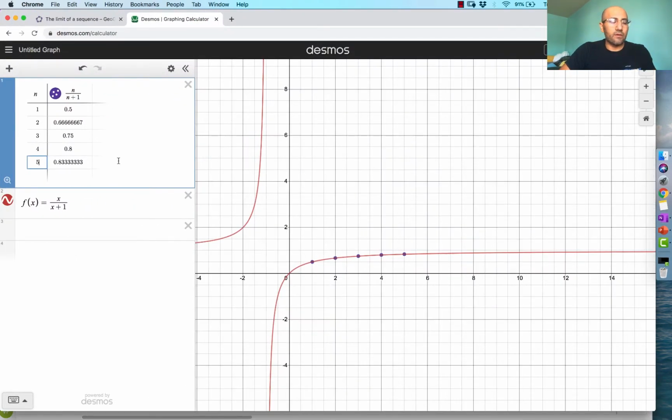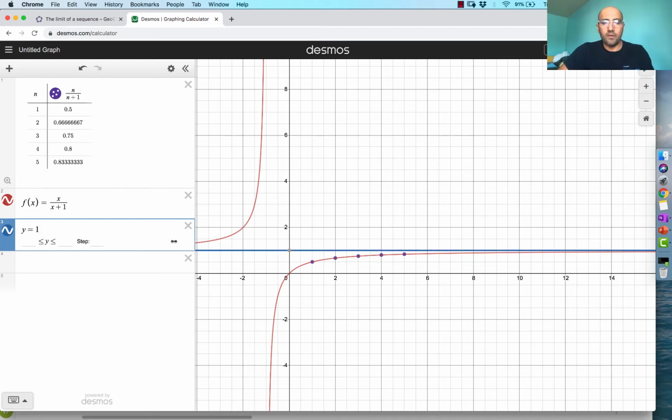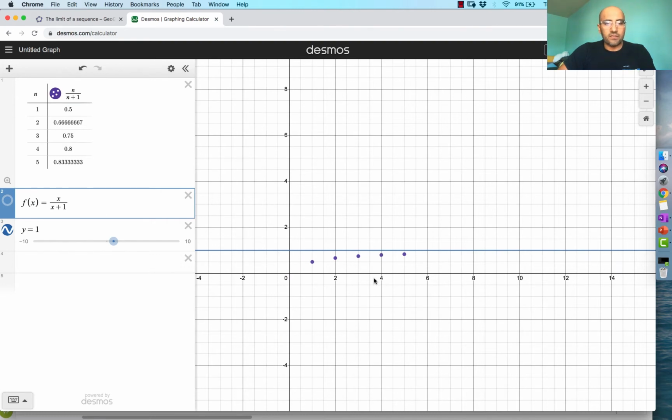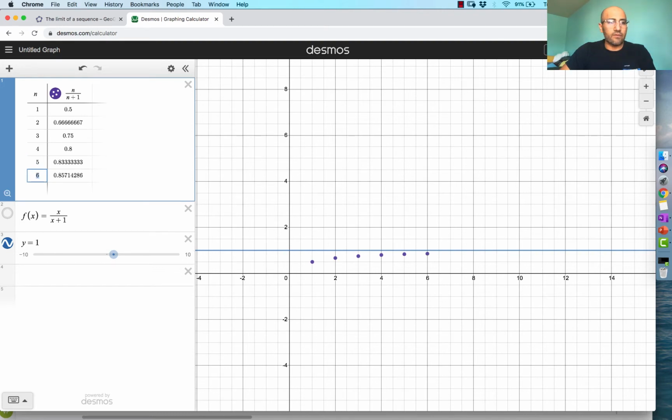Again, going back to Desmos, we can see that if this is y equals 1, the dots are getting closer and closer to that blue line. Now let's make a few more dots. So 5, 6, 7, 8, 9.